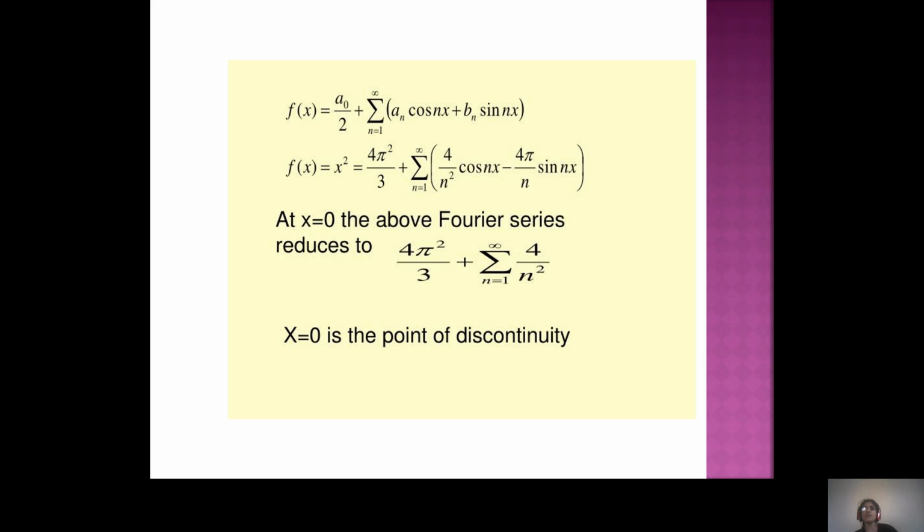So at x equal to 0, the above Fourier series reduces to 4 pi square by 3 plus summation, in the x place we put the 0. So summation of n equal to 1 to infinity 4 by n square. So x equal to 0 will be a point of discontinuity.